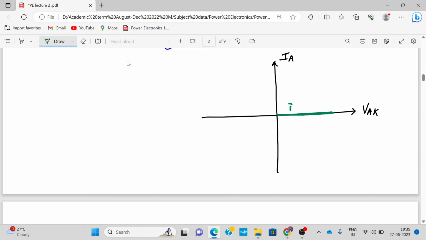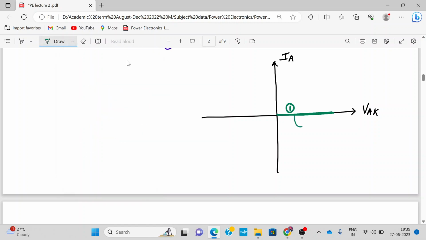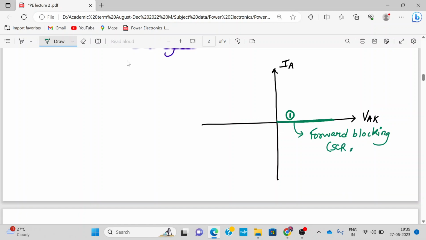This is region number 1, which we denote as the forward blocking mode of the SCR. We have not studied it, but we are just explaining its behavior ideally, and this will help us understand the SCR device very well. In the forward blocking case, the SCR is off, and it behaves as an open circuit.